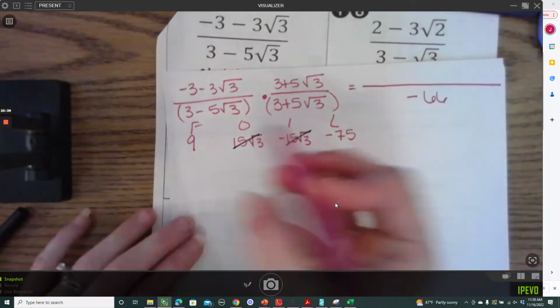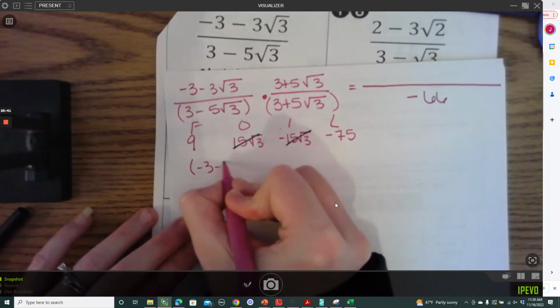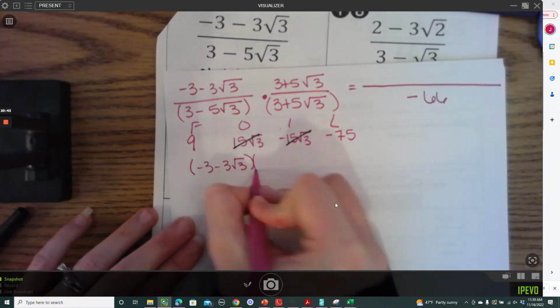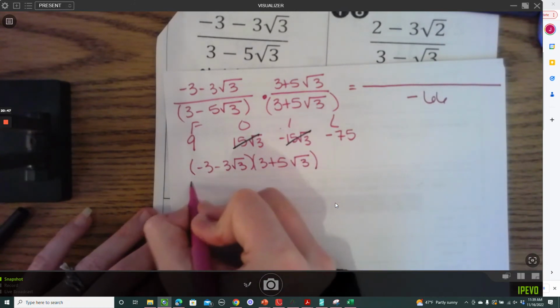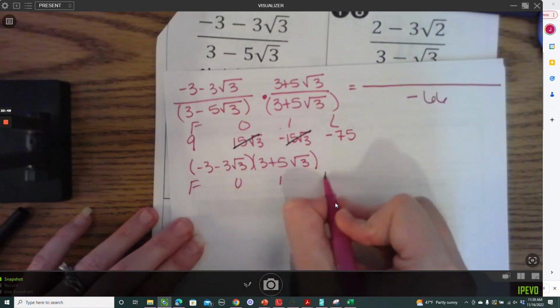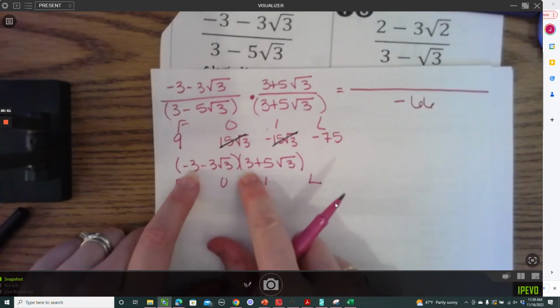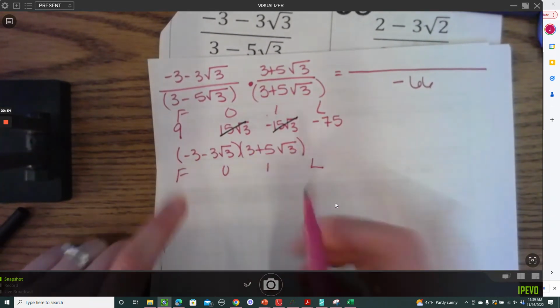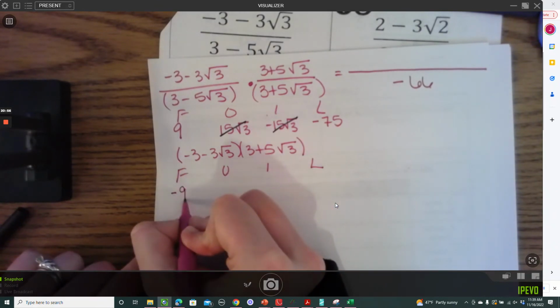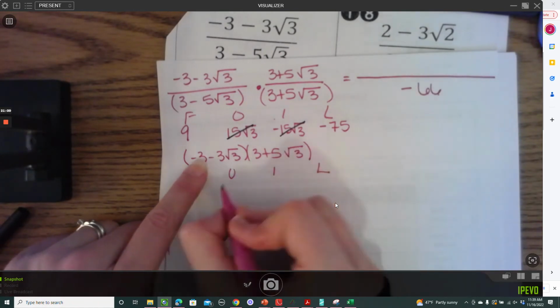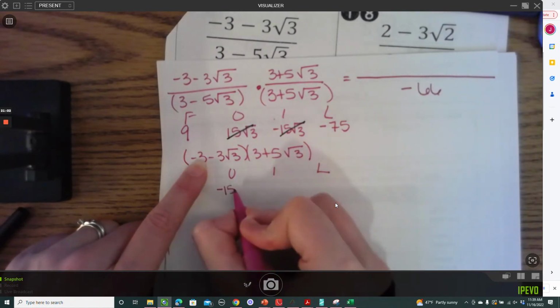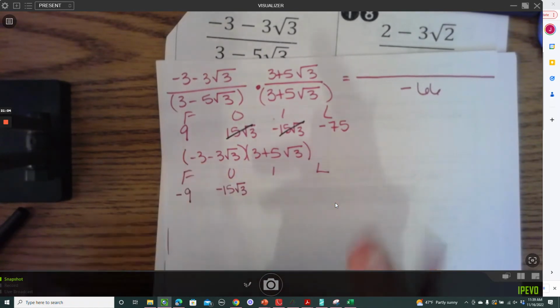Then I got to FOIL the top. Negative 3 times positive 3 is a negative 9. Outside, negative 3 times 5 is a negative 15. Tack on that square root.